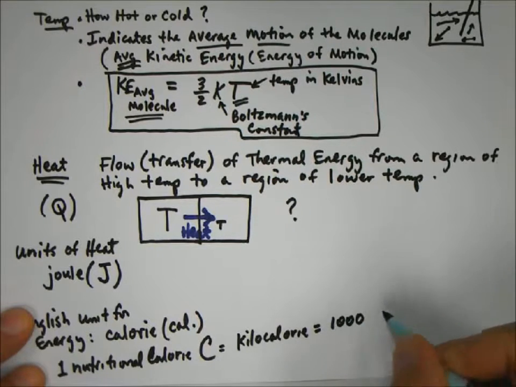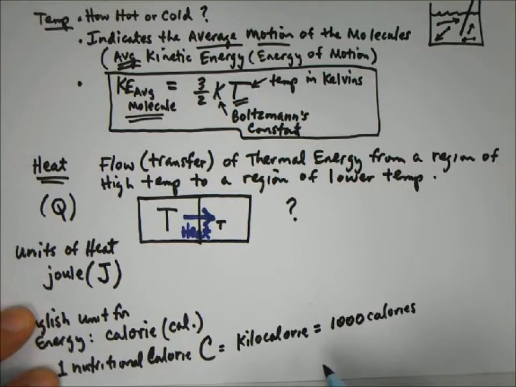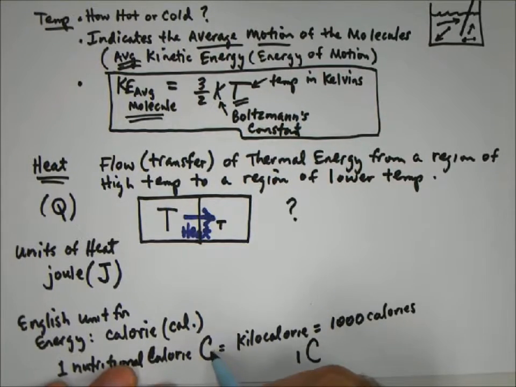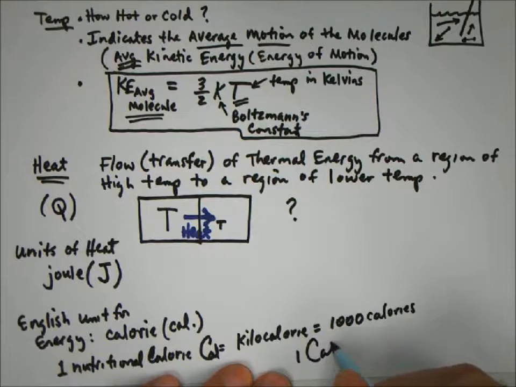So one big Calorie, the big C, equals 1,000 little calories, little c. Okay?